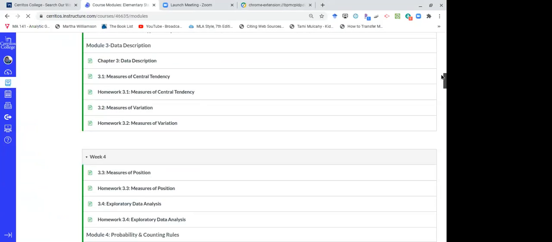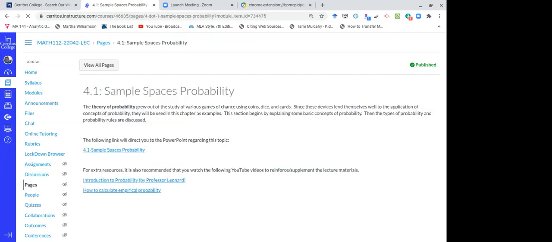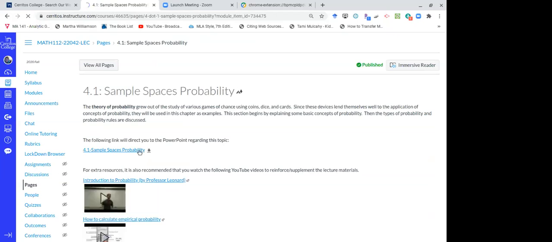This is your 4.1 sample space, probably. And when you go and look at your sample spaces, let me stop sharing the Canvas screen here.